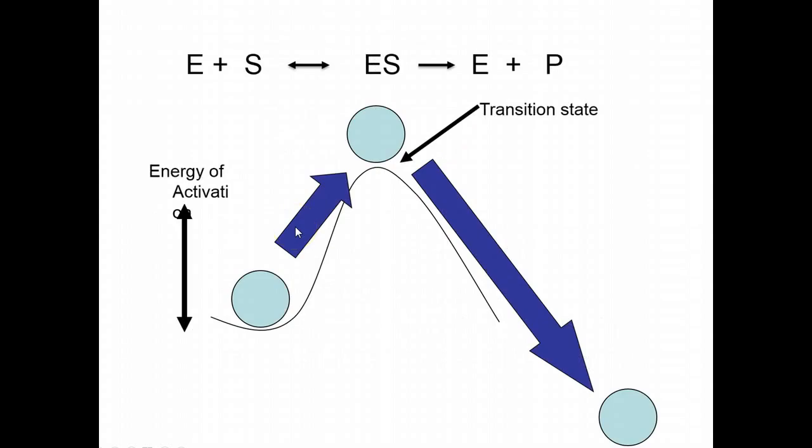Now here's the cartoon. You've probably seen this in physics. You know, and what this cartoon is trying to show, and energy of activation didn't come off right, is that we have to put energy in here for something to happen.